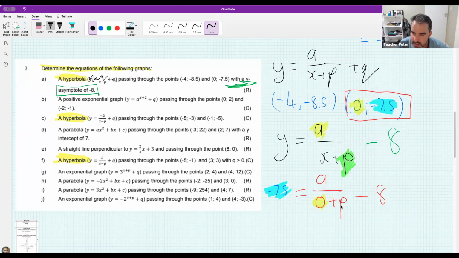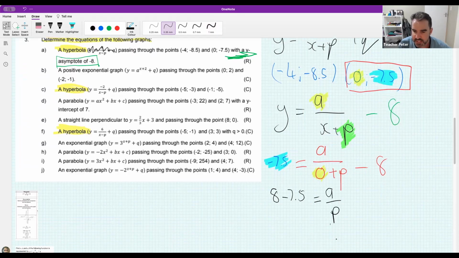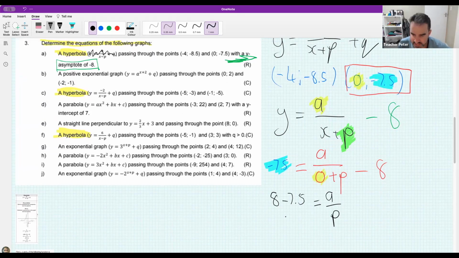Okay, now I'm going to clean up this equation a little bit. I'm going to bring this +8 to the side. So it's going to become 8 minus 7.5 equals a over p. And what's 8 minus 7.5? It's just a half. So we've got a half equals a over p.